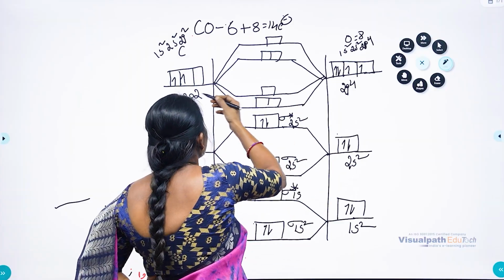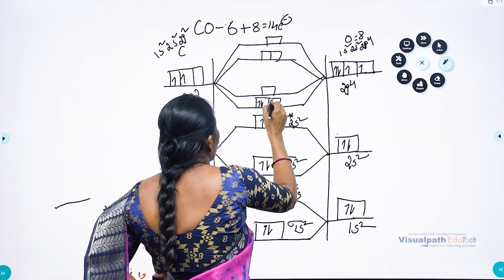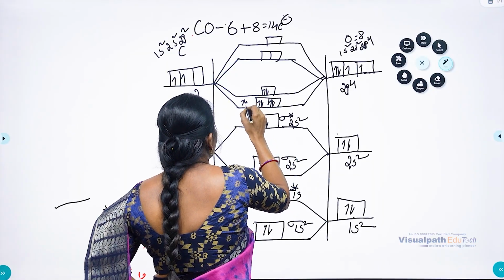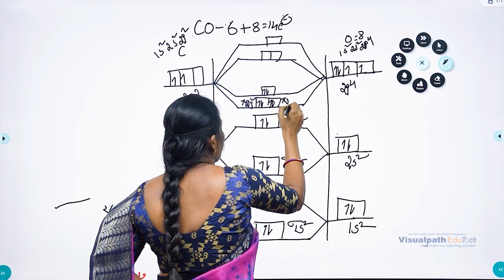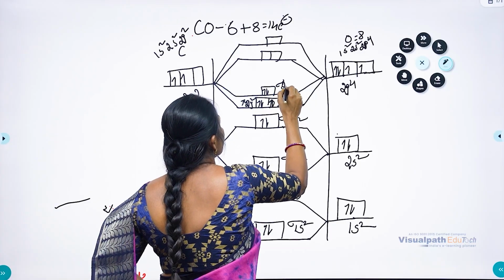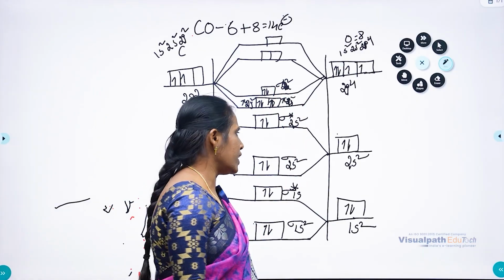That's why these 6 electrons enter into the bonding: pi 2py, pi 2pz and sigma 2px2. Okay, it is the MOT diagram.